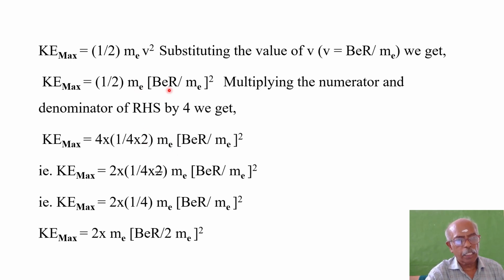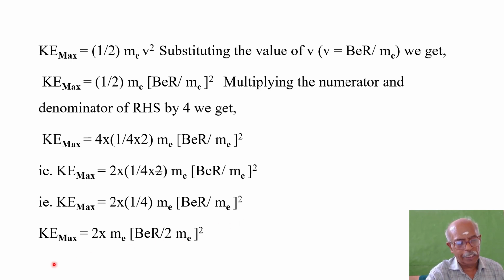So KE max is equal to 2 into 1 by 4 m_e into (BeR by m_e) the whole square.